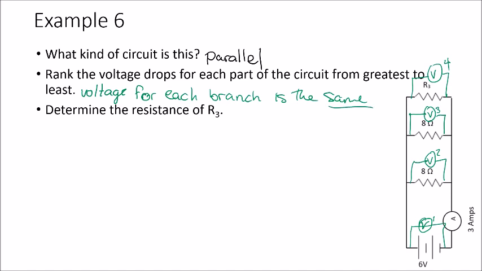So now, determine the resistance of resistor 3. In this case, we need to work backwards. We have the total voltage, and we also have the total current from the ammeter. So we can solve backwards to the total resistance and then solve backwards again to the individual resistance.